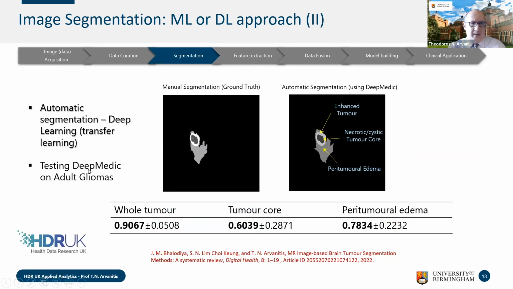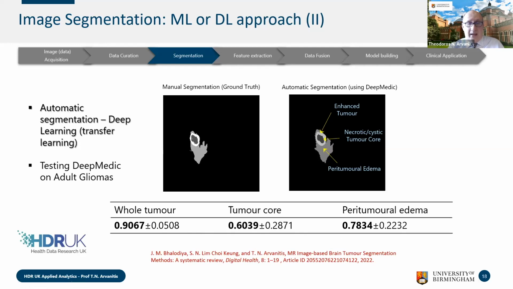Here I show you an example of the medic on adult gliomas, where we were able to achieve good segmentation up to 90% accuracy of the whole tumor, to also identifying the peritumoral edema and tumor core, and being able to identify components of the tumor, because as we said, the tumors are very heterogeneous.